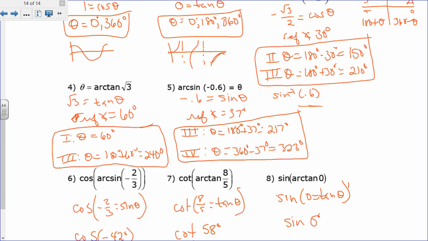Otherwise, I only get one of my angles, and I won't be able to find the other angle. So sine is negative in quadrants 3 and 4. In quadrant 3, I do 180 plus 37, which is 217. And in quadrant 4, I do 360 minus 37, which is 323.